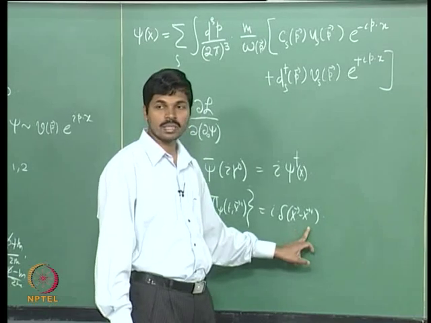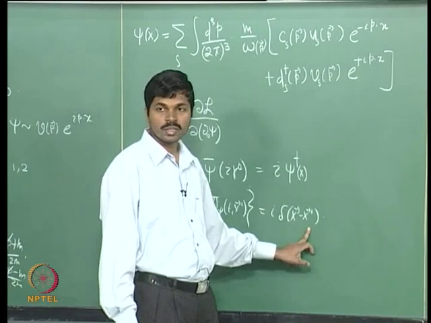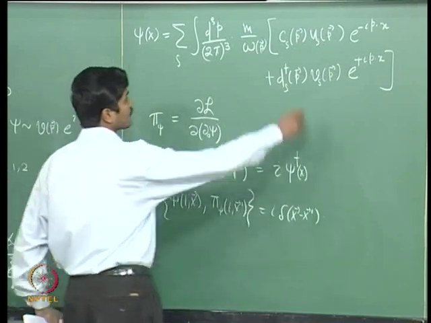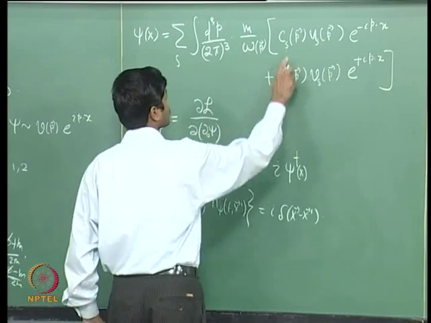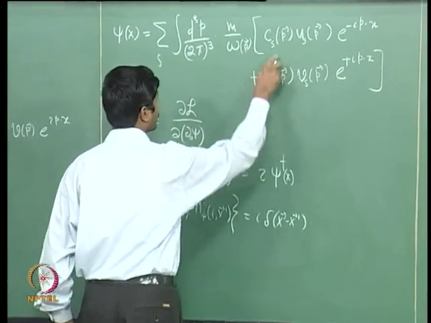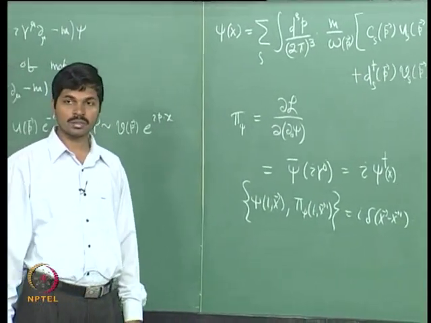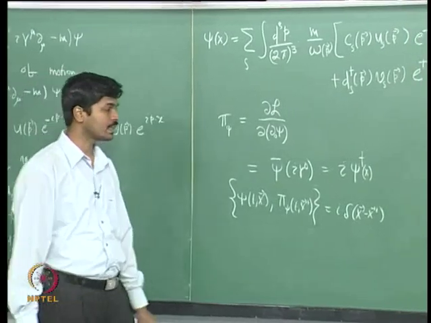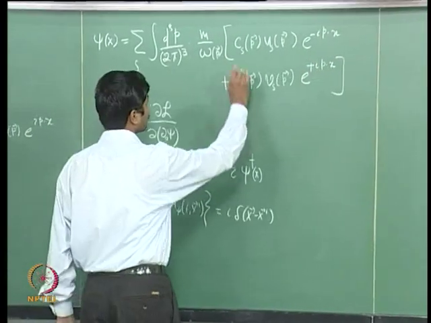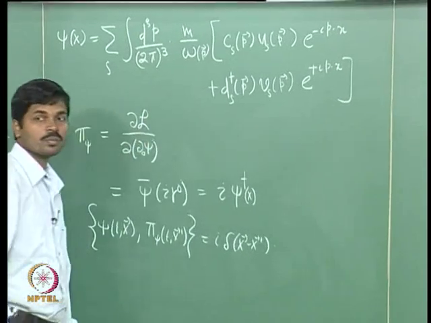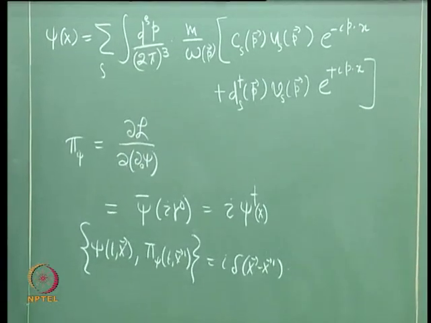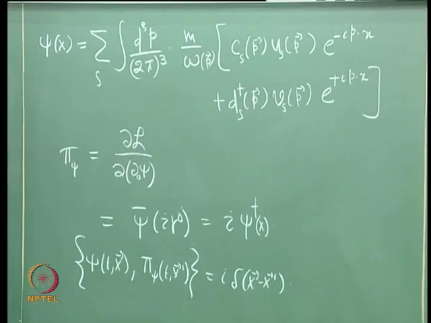This is what we will assume, and then we will correspondingly get some anti-commutation relations between the operators c_s(p) and d_s†(p). We will see that these anti-commutation relations give a spectrum of particles which obey Fermi-Dirac statistics.